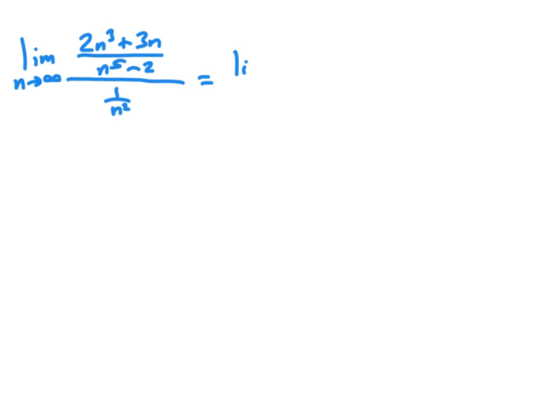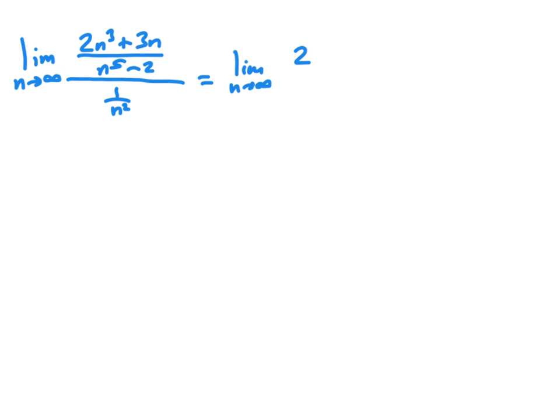So we need to compute the following limit. We need to take our series term, 2n cubed plus 3n over n to the fifth minus 2, and divide that by the term of our comparable series, which we decided was 1 over n squared. This can be simplified.